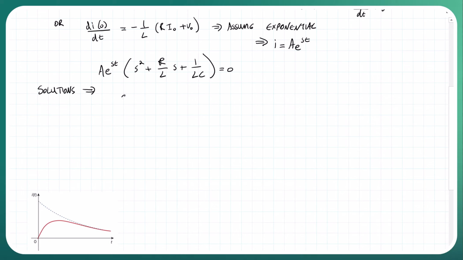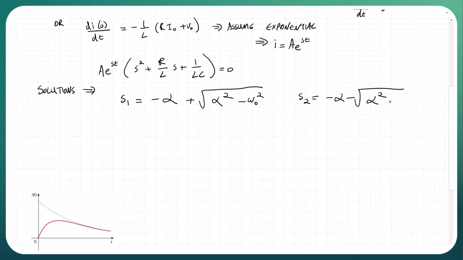Where S1 is going to equal minus alpha plus the square root of alpha squared minus omega naught squared, and S2 is going to equal minus alpha minus the square root of alpha squared minus omega naught squared, where alpha is defined as R over 2L, and omega naught is defined as 1 over the square root of LC.